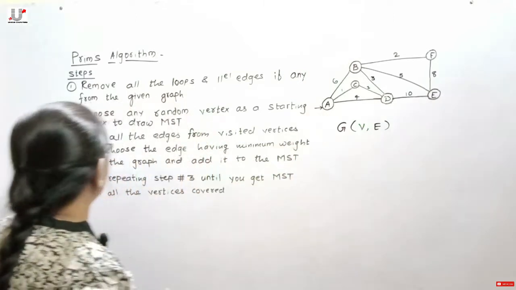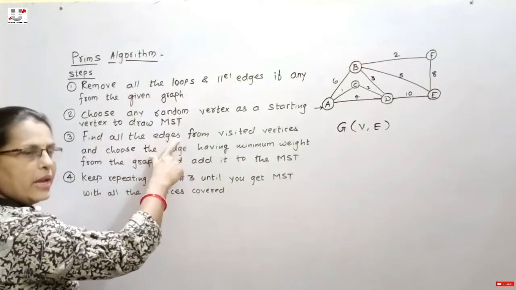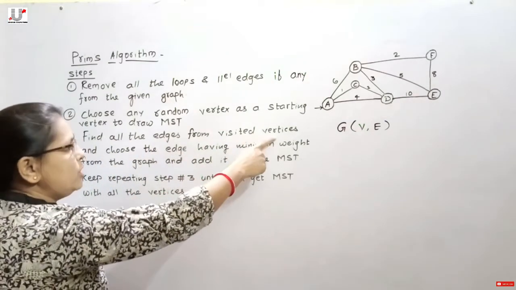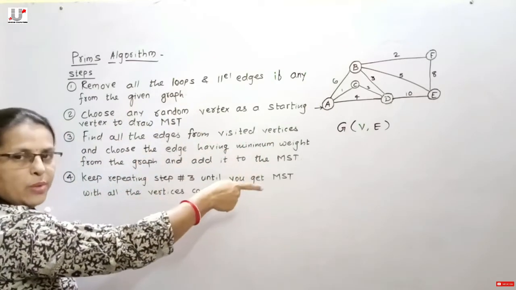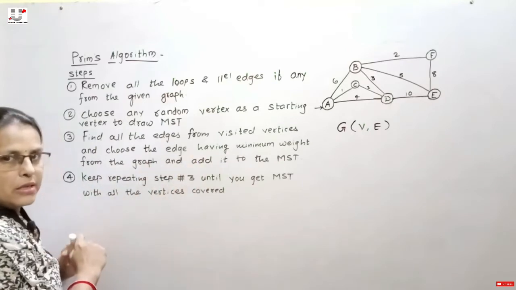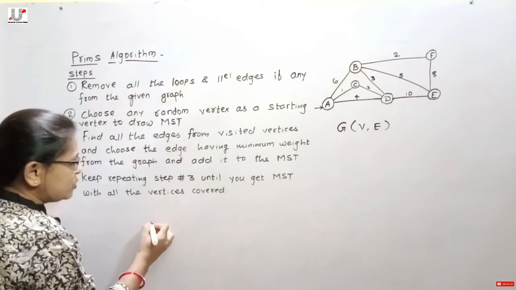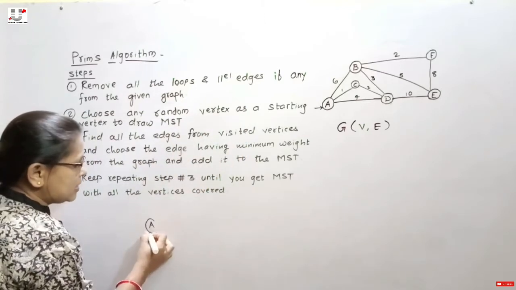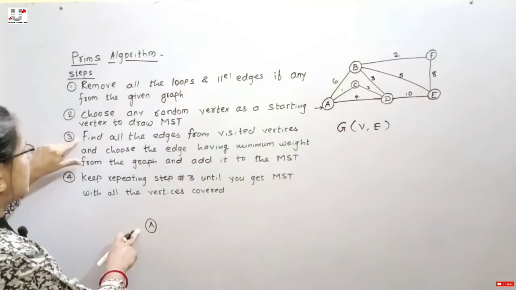So step number 3 is to find all the edges from visited vertices and choose the edge having minimum weight from the graph and add it to the MST. First, in step number 2, as I have chosen A as the starting vertex, add it into the MST.